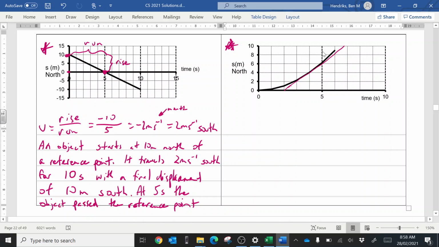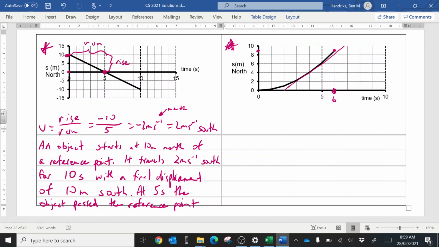All we need to say really about this one is, we can still see what our points are. It's roughly 9 meters north after 6 seconds.